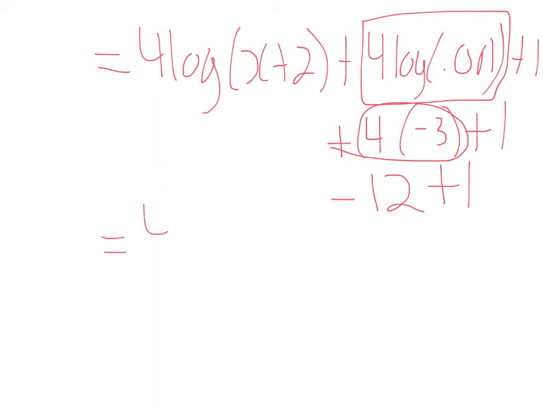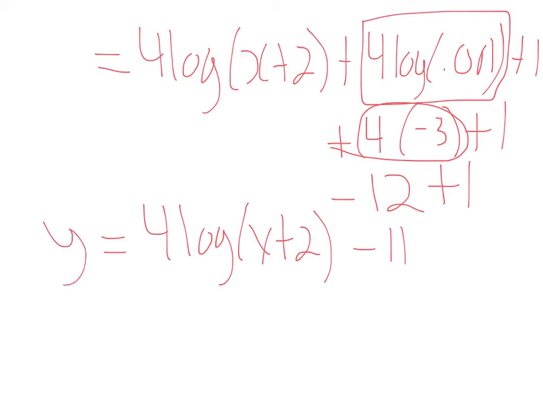So when we rewrite that, we get 4 log of (x plus 2) minus 11, and now we've got our function in transformation form. What we need to do now is to get some features: the x-intercept, the y-intercept, and note the vertical asymptote.